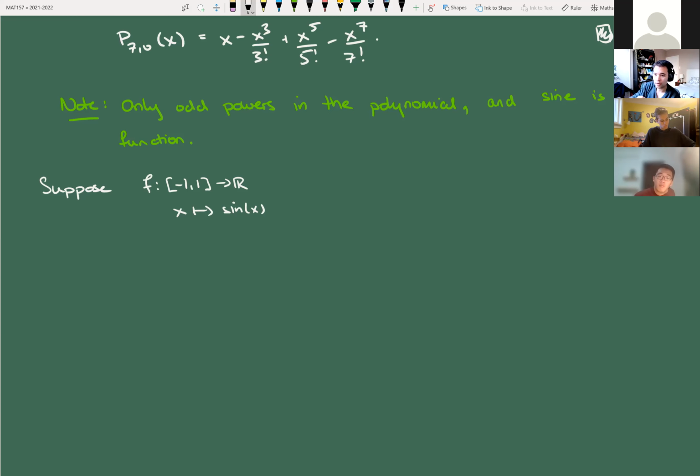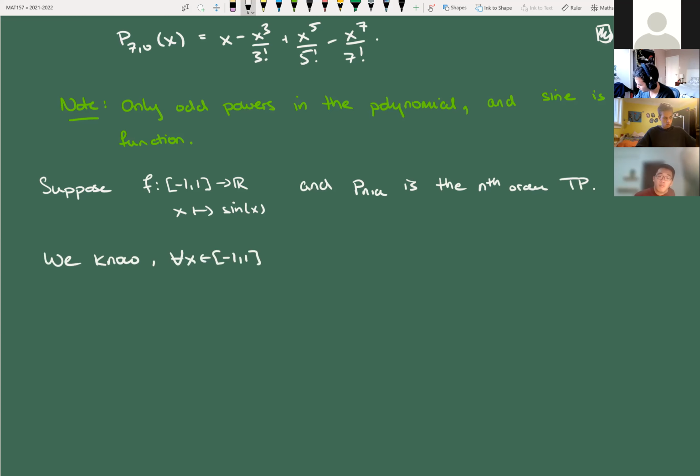So what I'm going to do is say I can actually bound what the error is, right? So suppose this is true and P_n is, again, the nth order Taylor polynomial. Maybe let me write TP for Taylor polynomial. Okay, so the remainder term. Let's take our approximation at 0. Let's be specific about that.